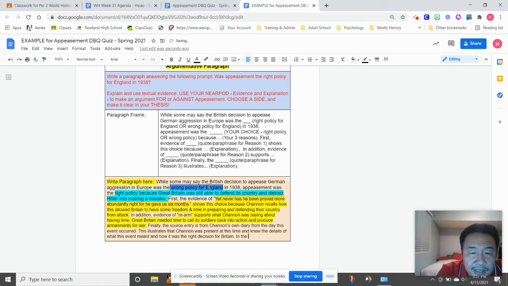In the end, appeasement might have made the difference in Great Britain not falling to the German.